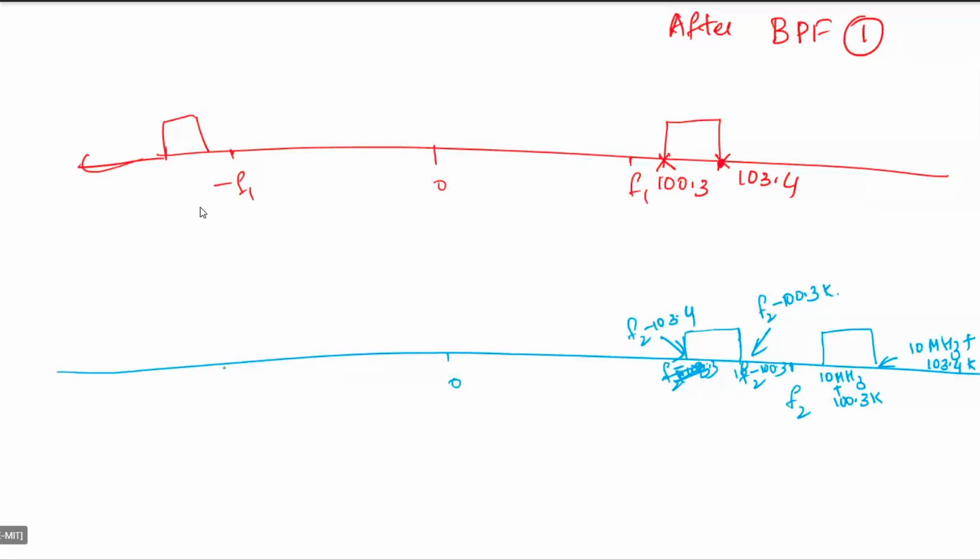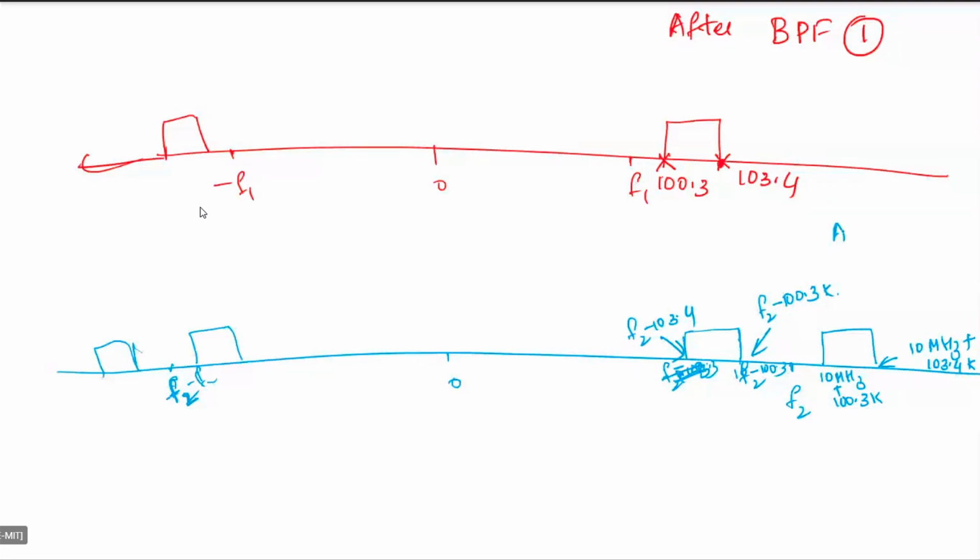So similar is here. You have F2 minus F2. Anyway, mirror images. So this is after product modulator 2.